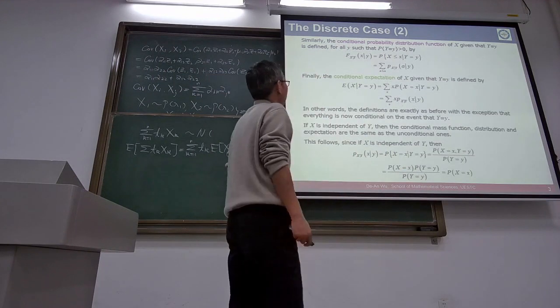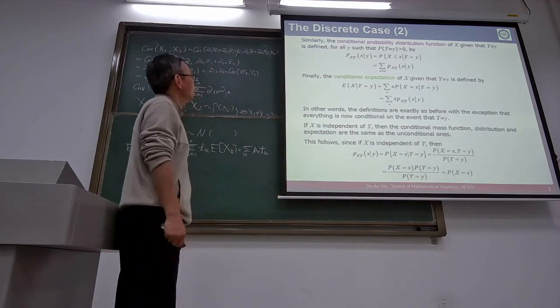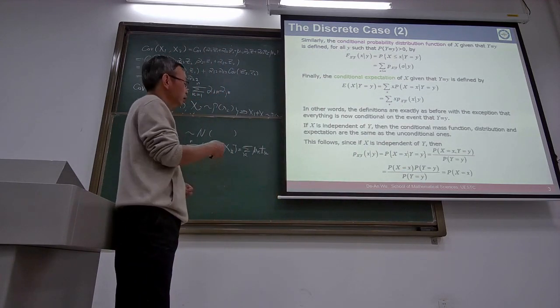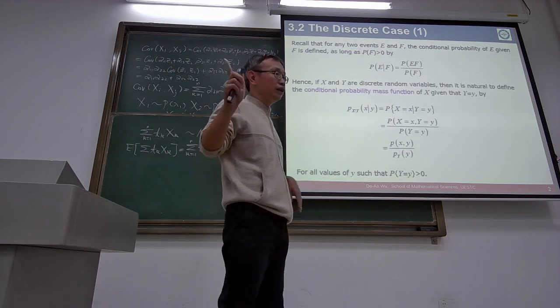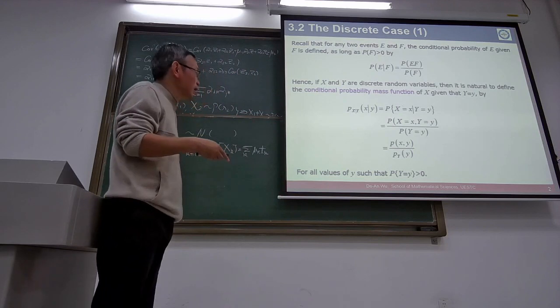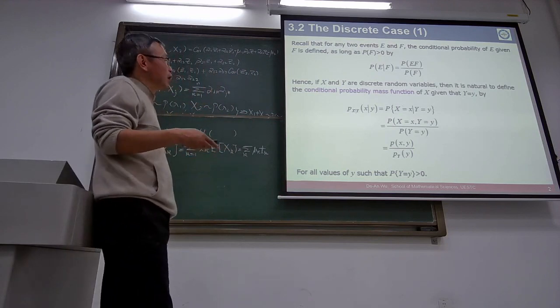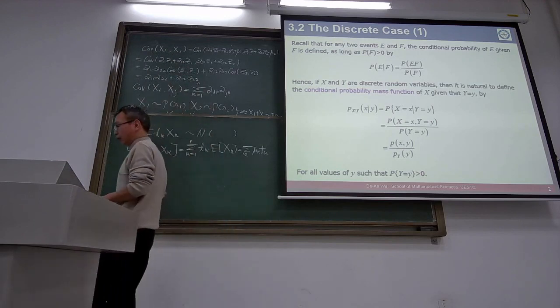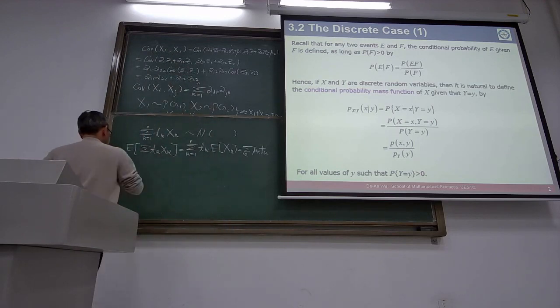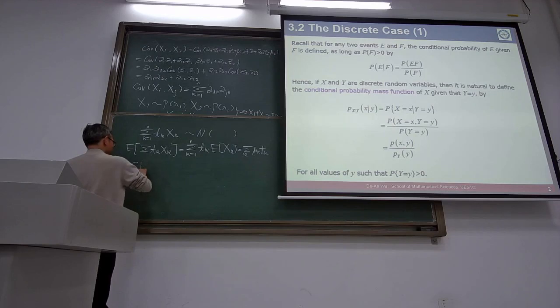For the continuous case, we will consider it in the following. Let's first find this, the conditional probability mass function, PMF.